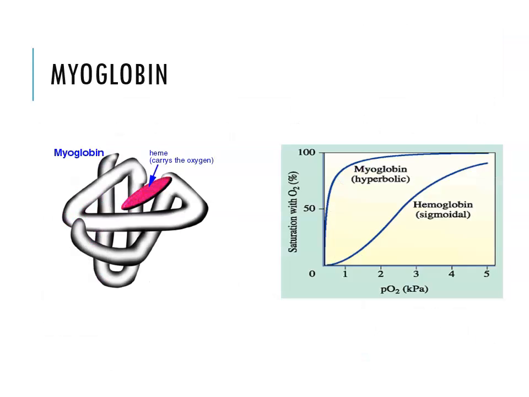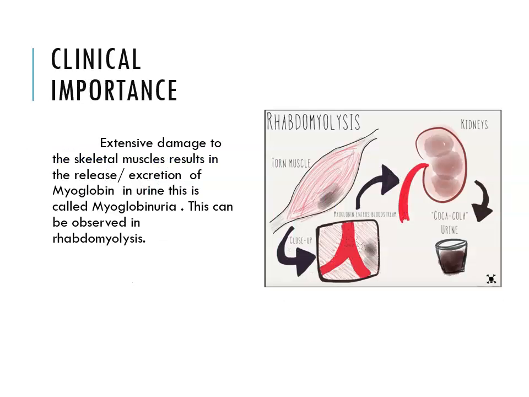Myoglobin is an iron-containing protein present in muscle fibers. It serves as the intracellular storage site for oxygen in the muscles. Strenuous exercise can create periods of O2 deprivation. Then the oxymyoglobin releases its bound oxygen for metabolic purposes. Extensive damage to the skeletal muscles results in the excretion of myoglobin in the urine.